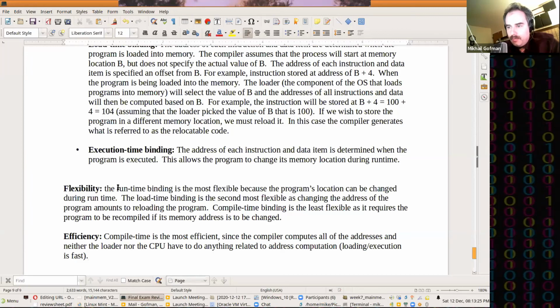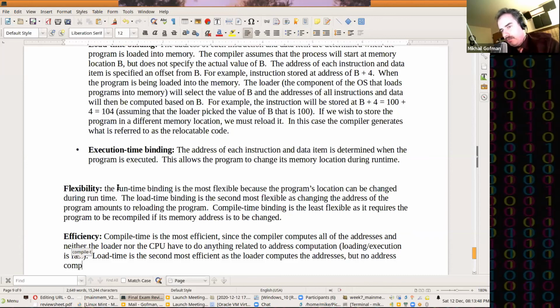Then load time is the second most efficient, as the loader computes the addresses, but no address computations are necessary during runtime.